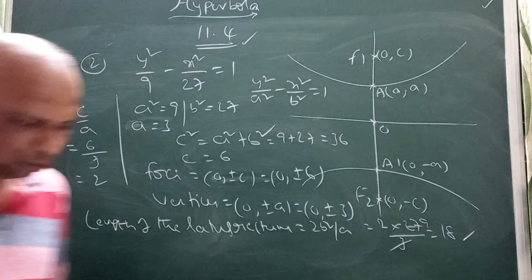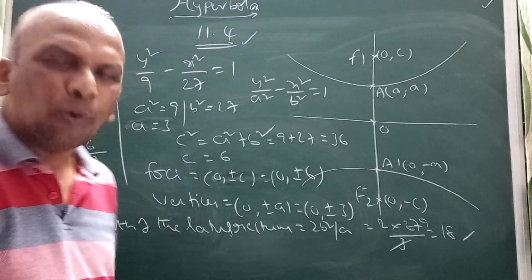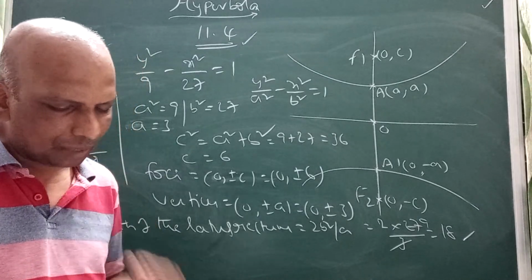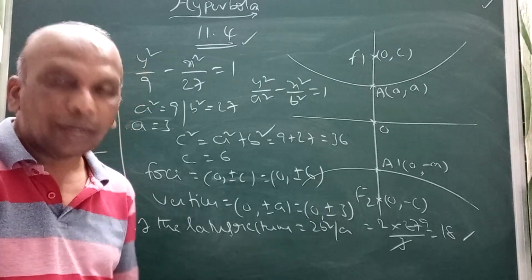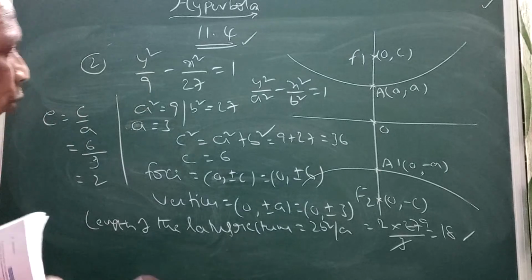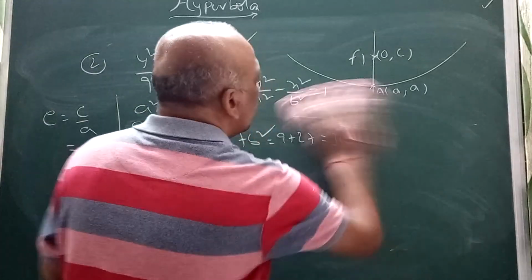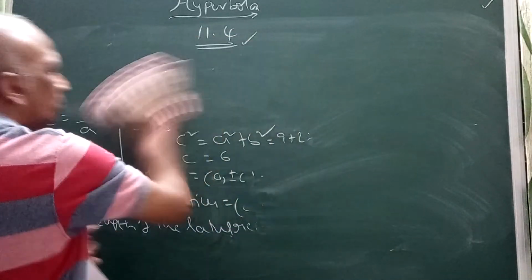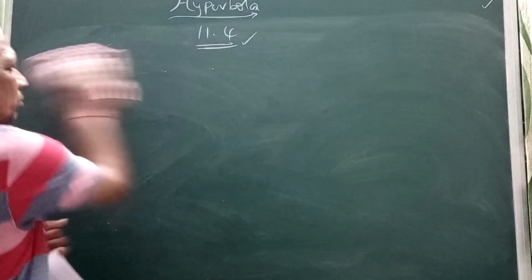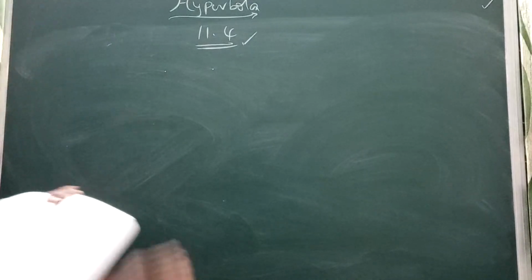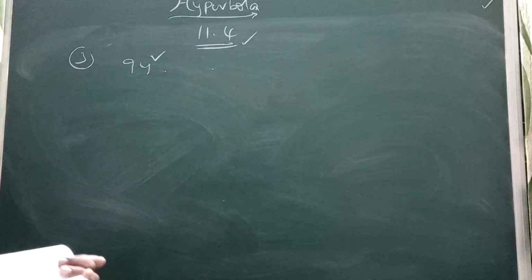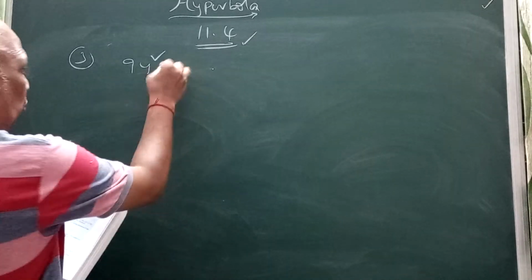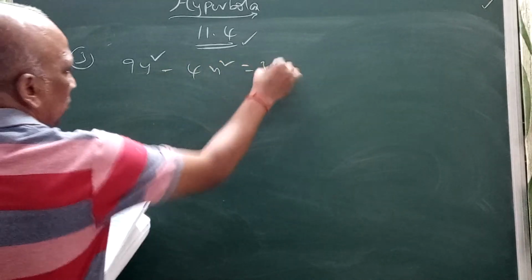Now coming to 3, 4, 5, 6. Here I can tell you one of the problems. You can see the given 3, 4, 5, 6. I will discuss one of the models. Take the third one, 9y square minus 4x square equal to 36.